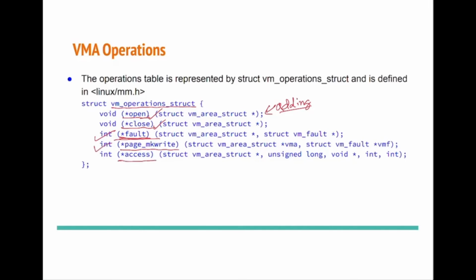And this access function will be called to access the VM area of a process when we are not getting the user pages, like when we are trying to access the user page and we are not able to access those pages, then at that time it will access the VM area of that particular user, and this access function will be called.